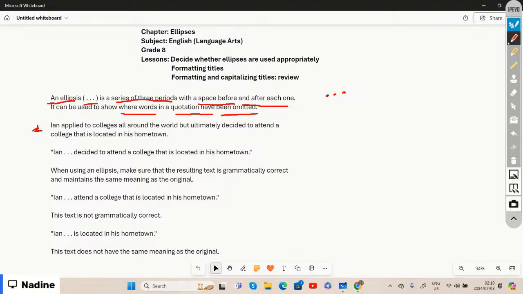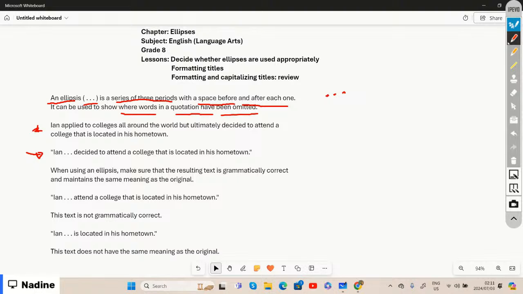If we were to rewrite that with quotations, and also show where the words have been omitted within the quotation marks, it can be something like this. It says Ian dot dot dot decided to attend a college that is located in his hometown.